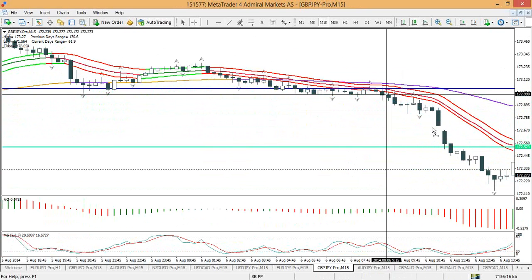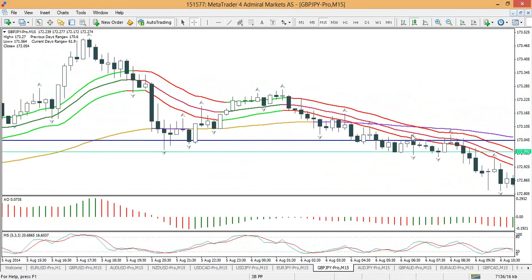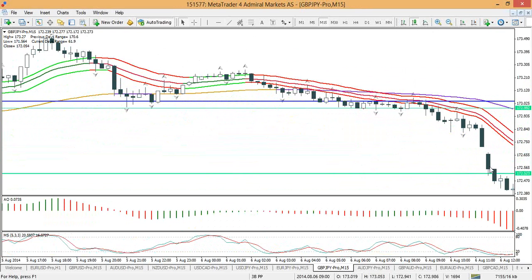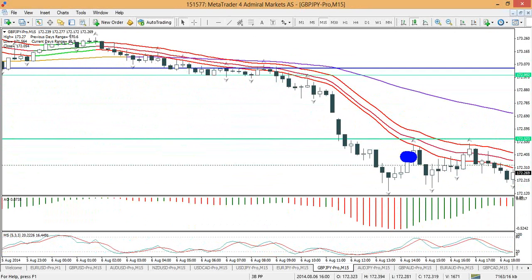I was shorting it myself at 173.02 around this blue line, and we got a pretty quick follow through. So when the news event hit, I was already up a big amount, and eventually we got a follow through, and I got out about here in this consolidation.